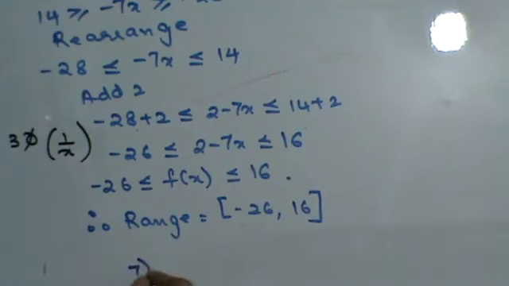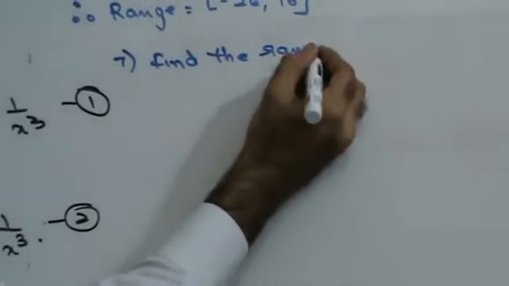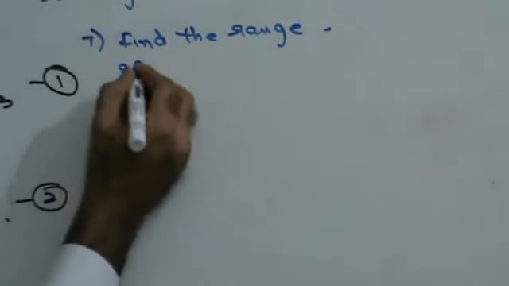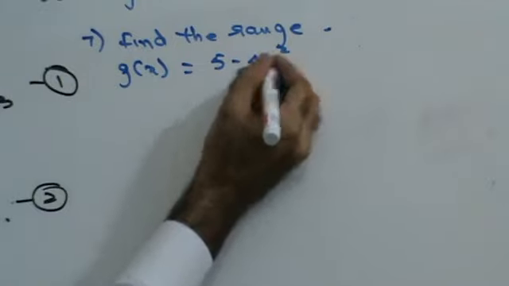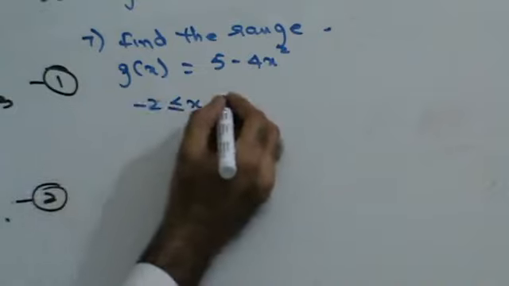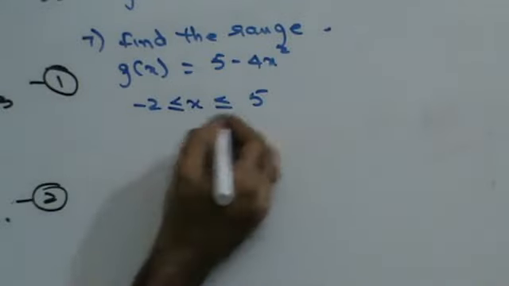Next, let's see another sum. Find the range of g of x is equal to 5 minus 4x square if x is greater than minus 2 less than 5. Now they've given you this.